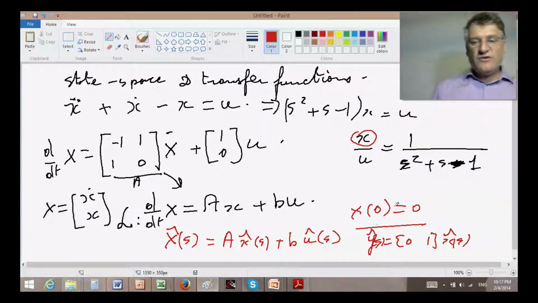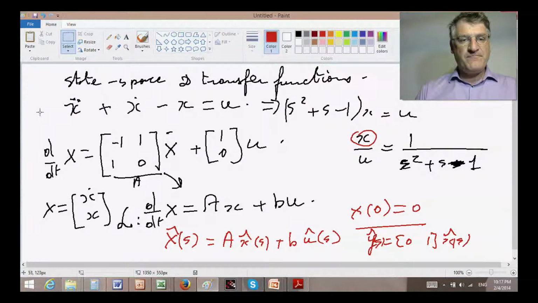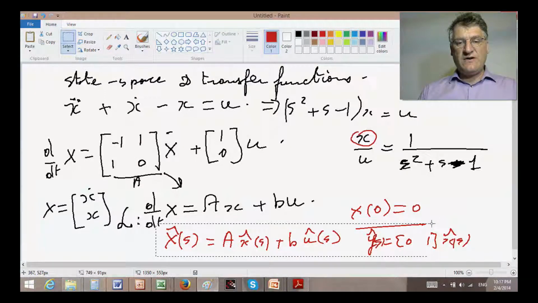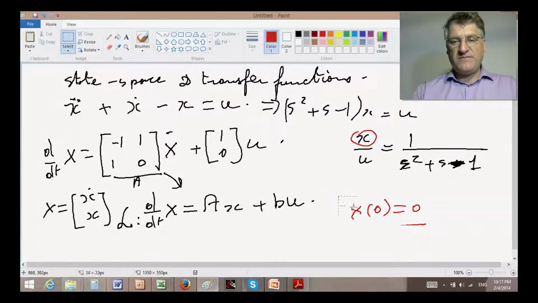Eventually, what I want is to get this guy and this guy to be the same. Alright? So, let me erase part of this picture. What I will do is I will erase this part first. And that part.